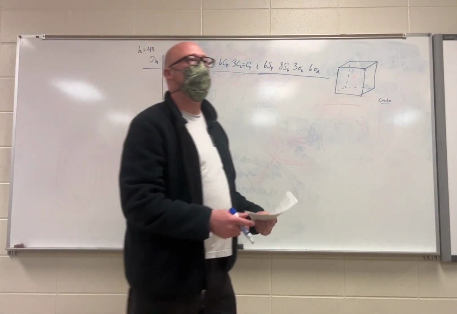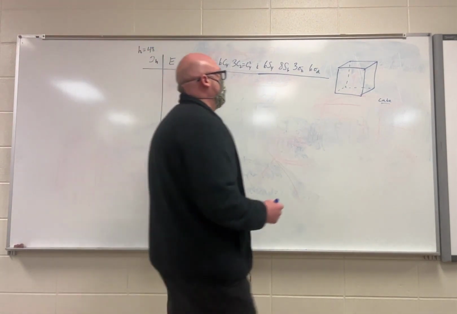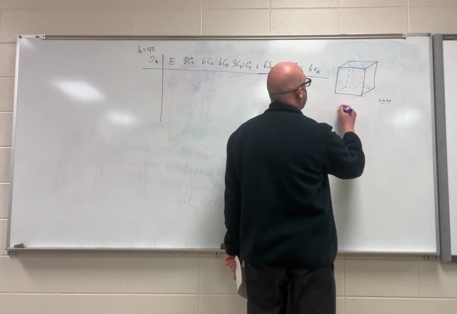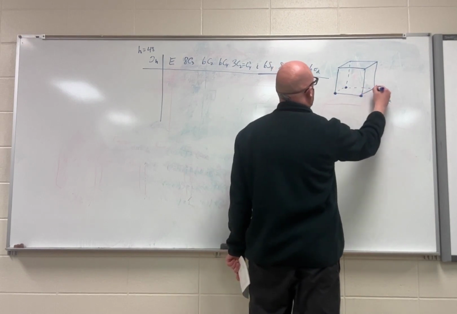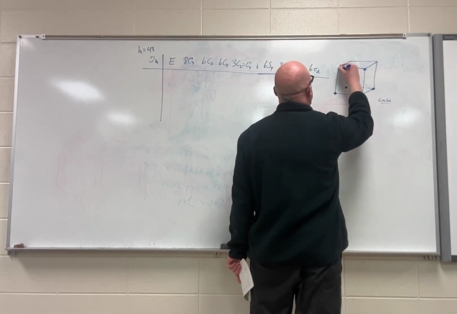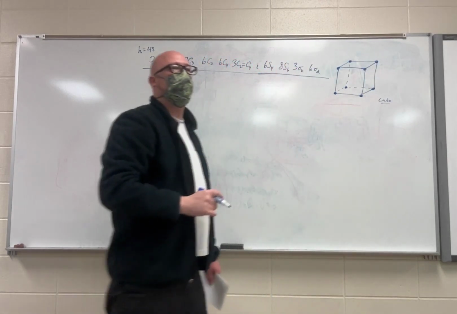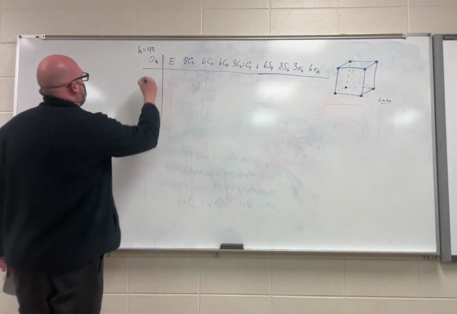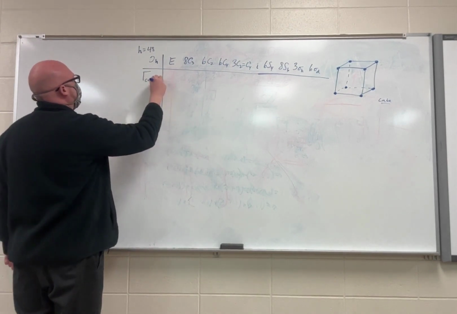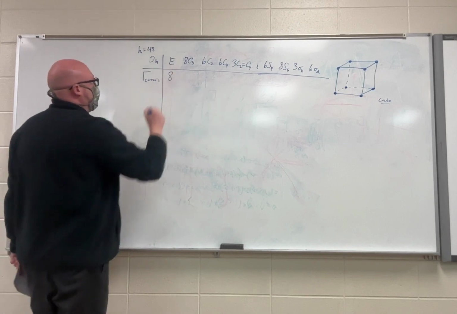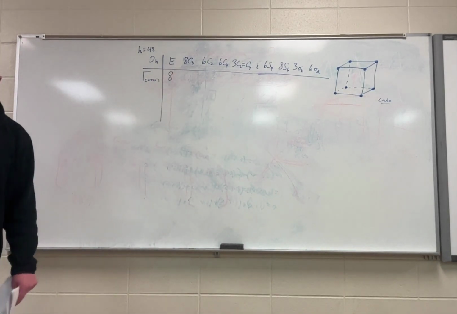So what will be our basis for constructing a representation in the point group Oh? Let's just take the corners of the cube. So we have these 8 corners, 8 points. We'll call it corners. So we have an 8-dimensional representation that we will construct.